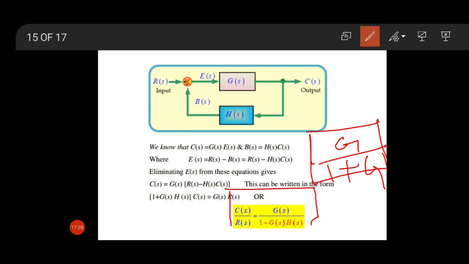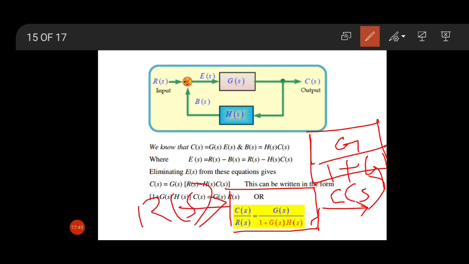This is our block gain, this is our output C(s), and this is our input R(s).